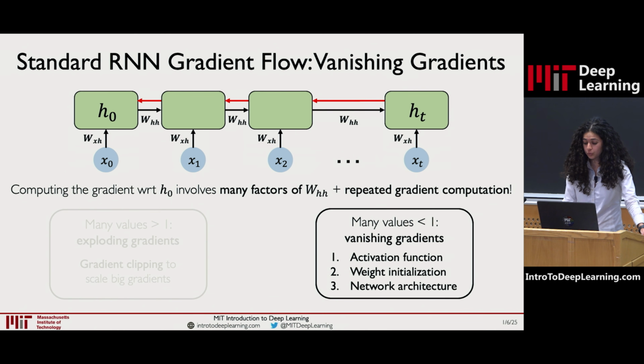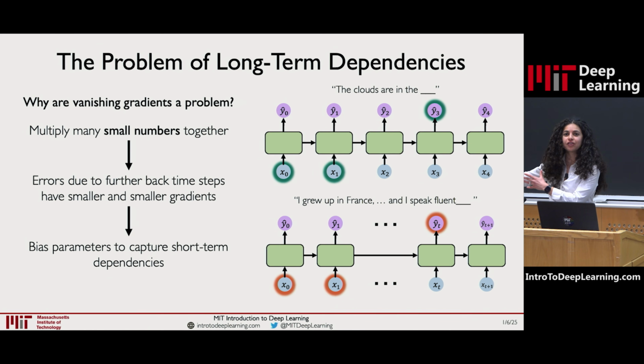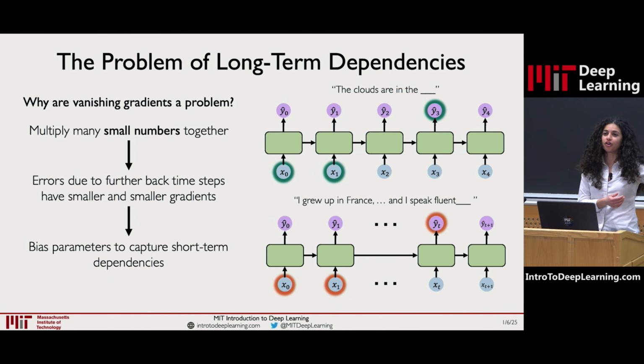This actually has real practical implications, because it makes it really, really hard to track these long-term dependencies that we care about in our sequence. If our gradients are unstable, either blowing up or shrinking down to nothing, we can't effectively take those gradients from late time steps and pass them through to the earlier time steps to be able to promote our model to retain that information.